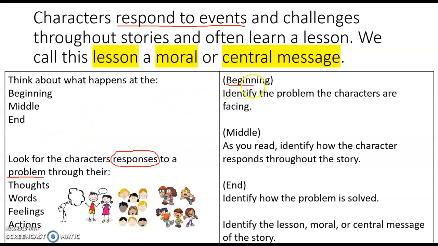So the beginning of the story, that's when we'll identify the problem the characters are facing. So the beginning, we usually find that there's a problem. In the middle, we'll identify how the characters respond throughout the story. So in the middle, how are the characters responding?